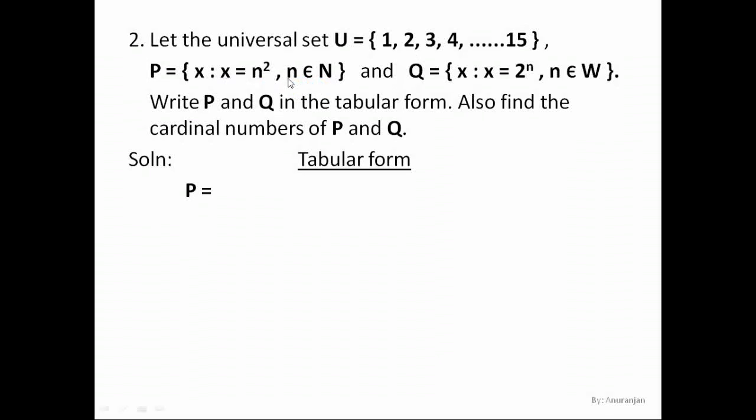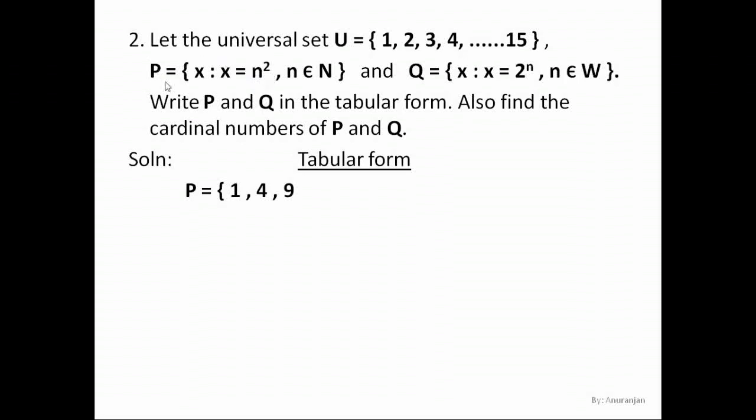First value of n that we can take is 1. So if I do 1 square, what will I get? 1. Then next natural number is 2, so 2 square will give you 4. Then we can take the next natural number 3, so 3 square will give you 9. Next natural number 4, so 4 square if you do, you will get 16.